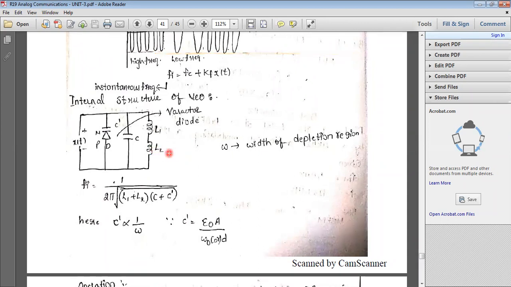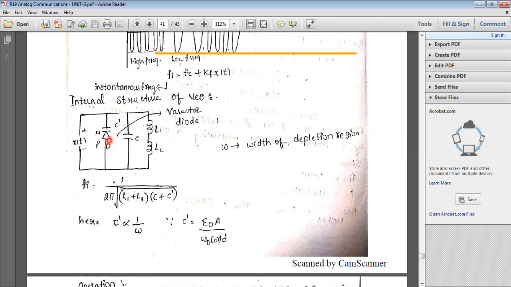So for that, this is the circuit. Here we place a varactor diode. Already I think you know the operation of the varactor diode. What is another name for the varactor diode? It is a varicap diode, that is voltage variable capacitance.